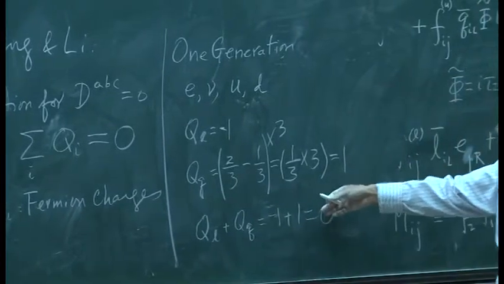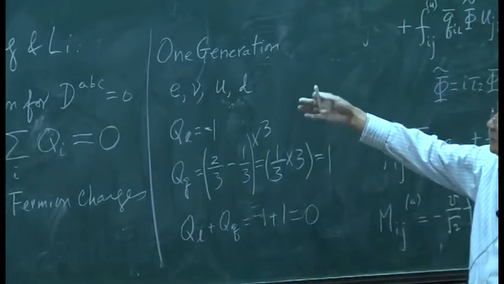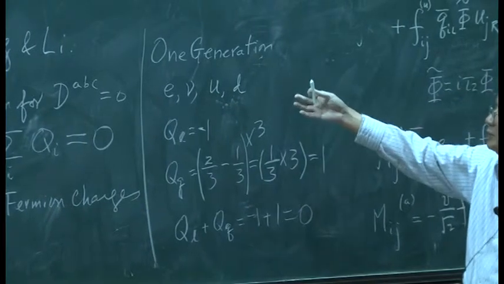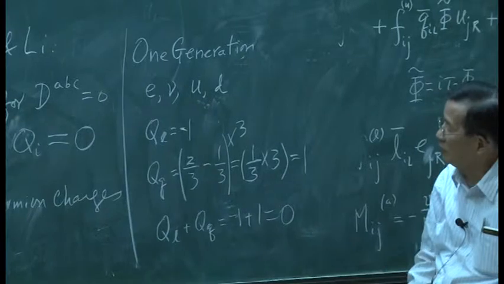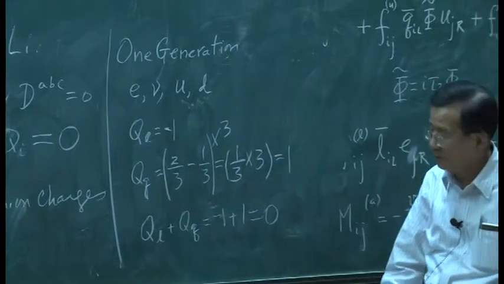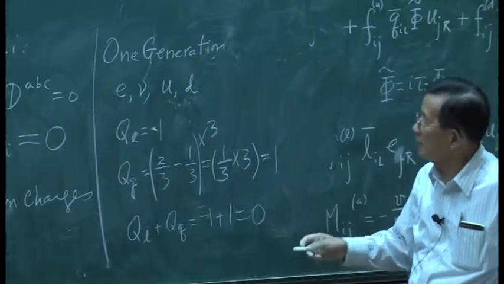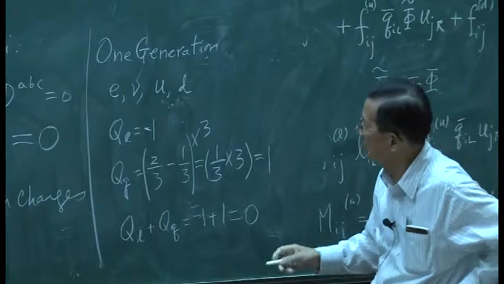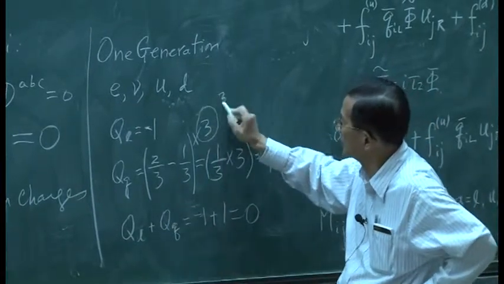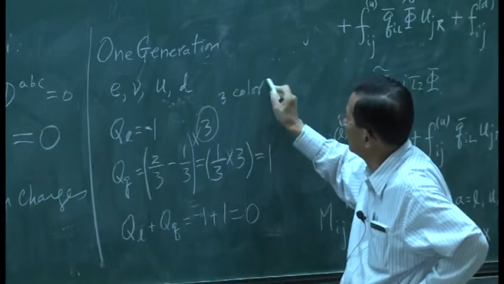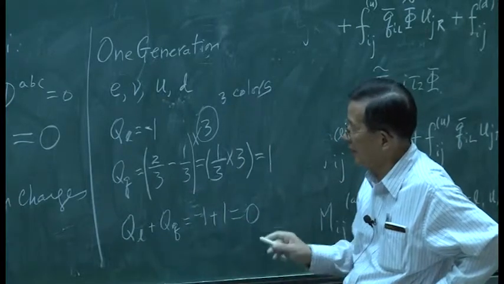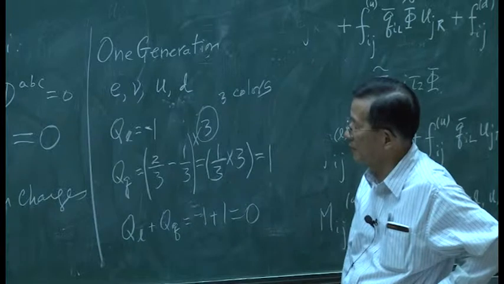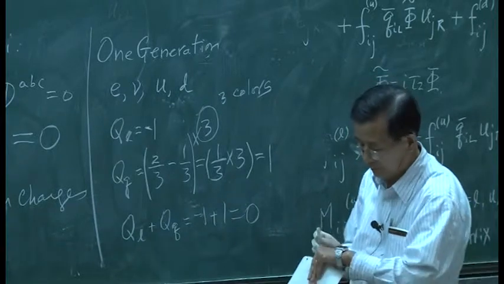This works for one generation, and it's obvious that for each generation this works. So for all 3 generations, they add up to 0. So that's another evidence why we need the 3 colors. Without the 3 colors, the anomaly will not cancel, and the theory will not be renormalizable.